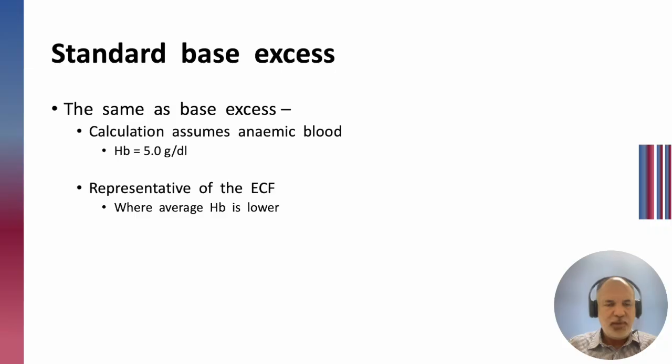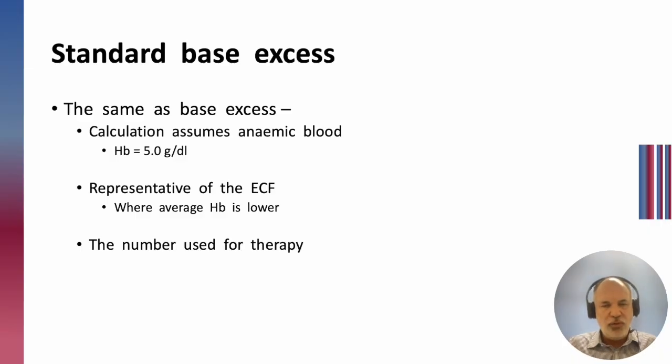So clearly hemoglobin is present in the intravascular space, but if we look at the extracellular fluid, that would encompass the plasma that's present in the intravascular space and the interstitial fluid. And if we were to take the hemoglobin concentration which is present in the intravascular space but average it over the whole of that extracellular fluid, then the average hemoglobin would be lower.